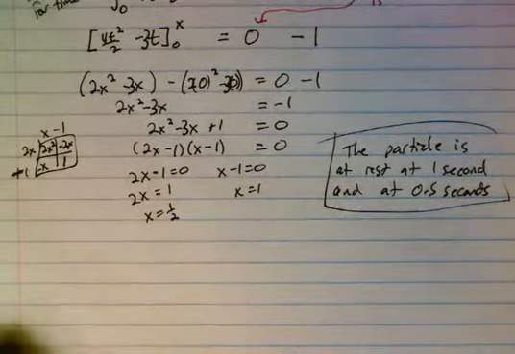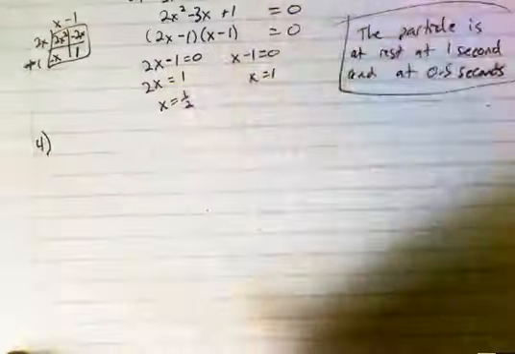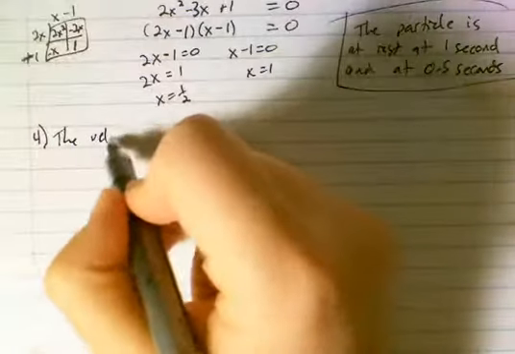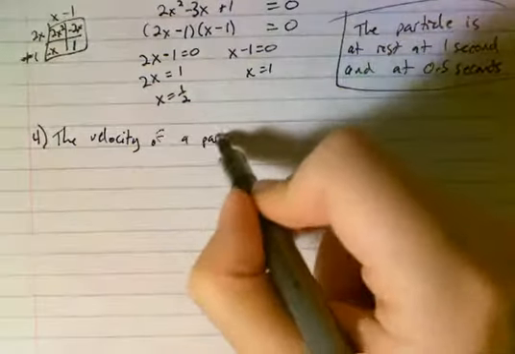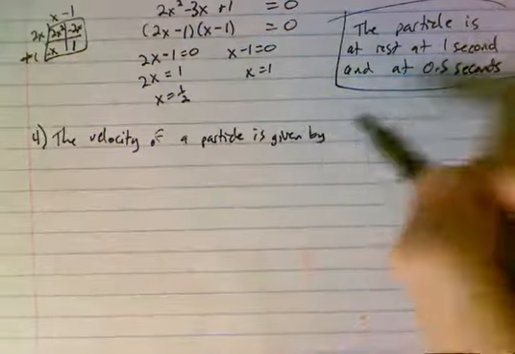There are also a lot of good problems we can get from graphs. So let's look at problem number 4. We're going to do a bunch of parts on this. So the velocity of a particle is given by the graph.